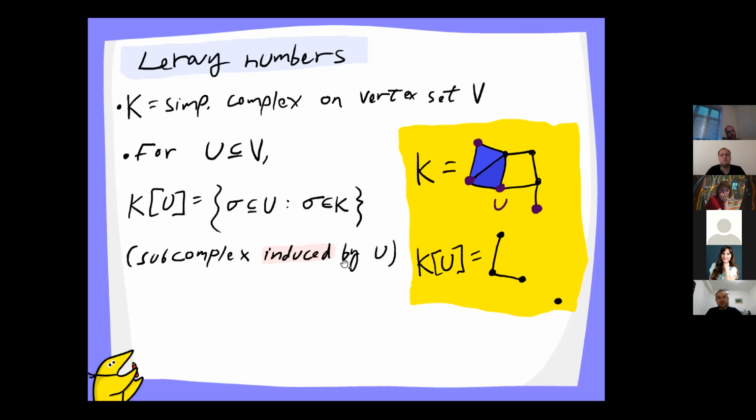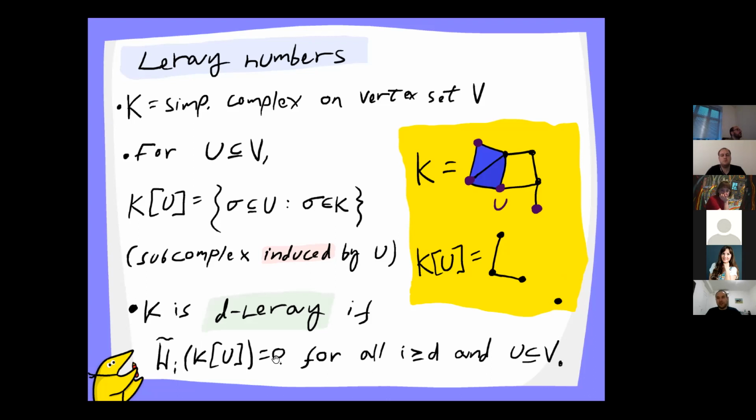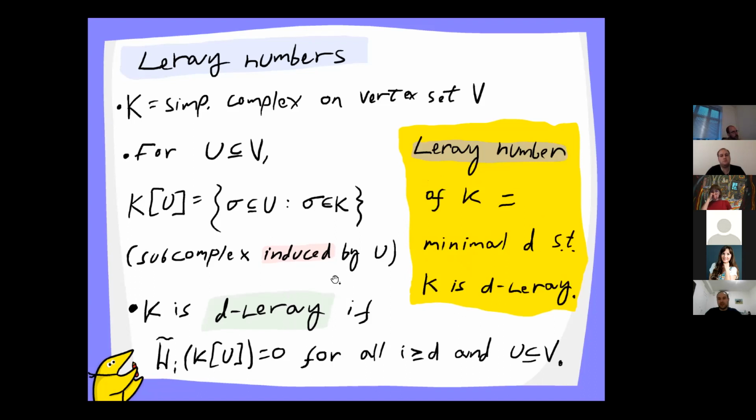K is called d-Leray if K itself and all of its induced subcomplexes have trivial homology in all dimensions greater or equal to d. We denote the Leray number of K as the minimal d such that K is d-Leray.